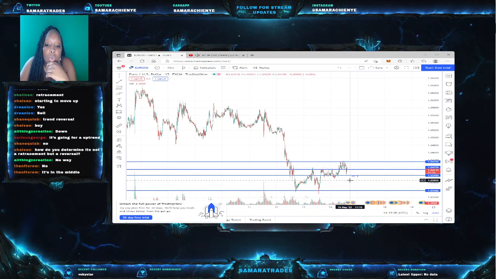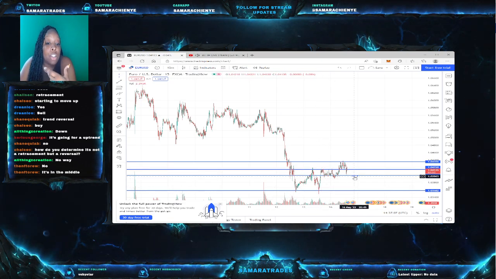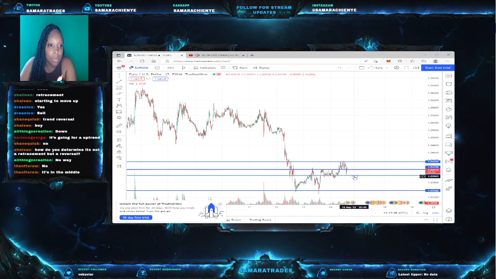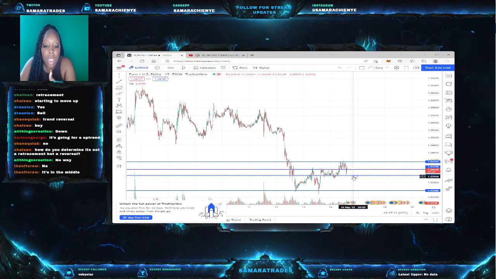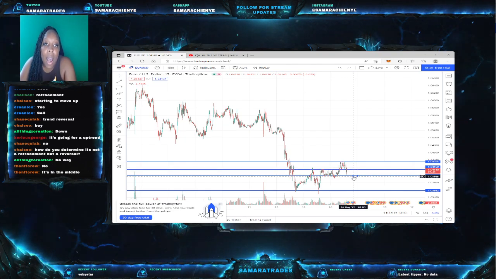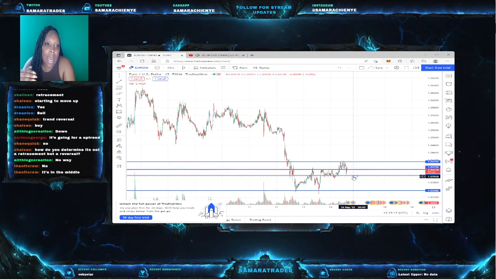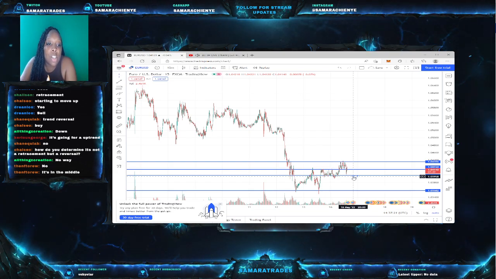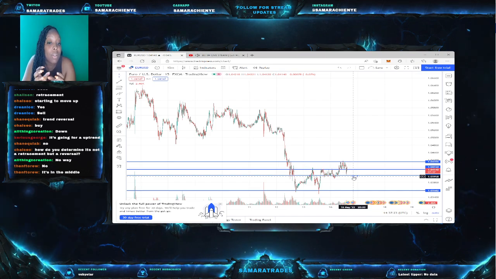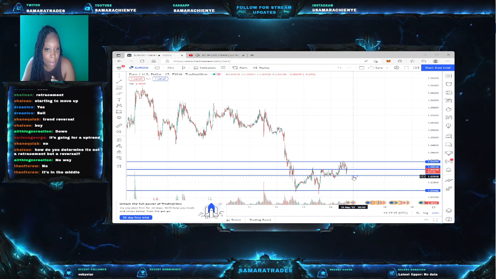So this is how you know it is not just a retracement, and then it's going to go right back down into a downtrend. The reason you understand that this is not going to be a retracement is that normally retracements just happen for a short period of time and then it goes right back down.